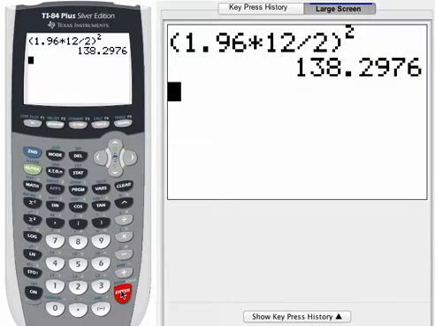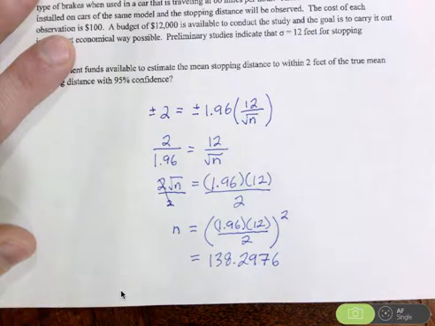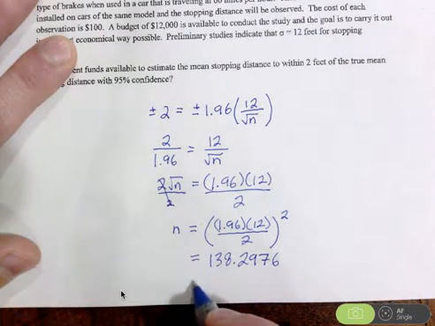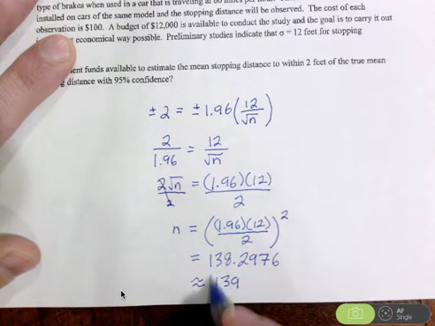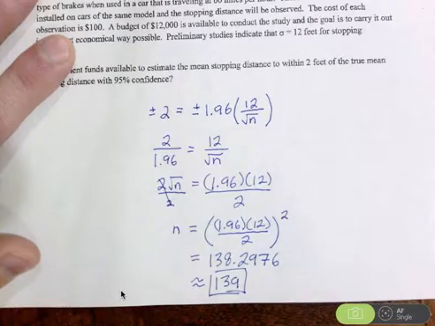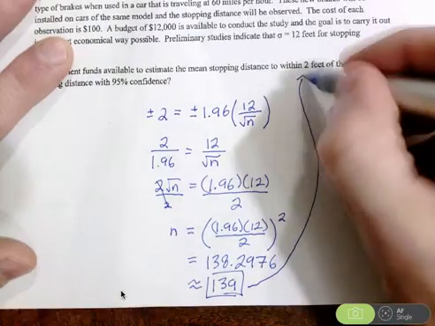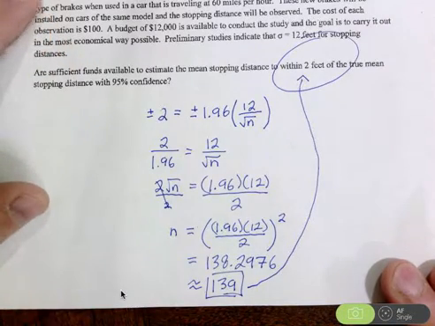Now, that is not the final sample size that you would want to report, because with a sample size you should always round up. So what we really require is a sample size of 139. That's what's needed to get the margin of error to be within 2 feet of the true population mean stopping distance.